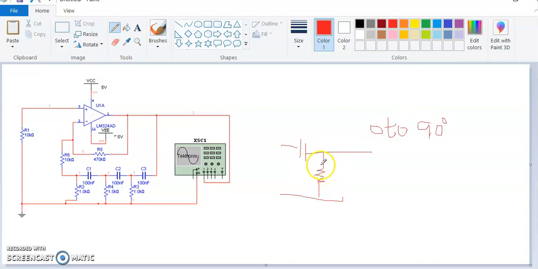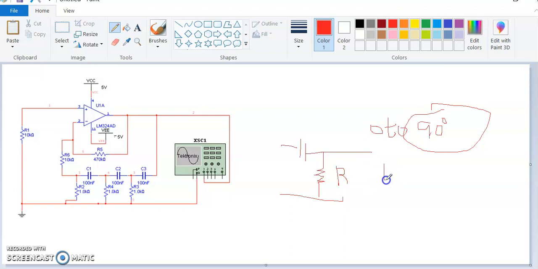Suppose the R value is 0, then it will provide a phase shift of 90 degrees. Practically it is not possible. So if you adjust the R and C values, then we can make the phase shift close to 90 degrees.